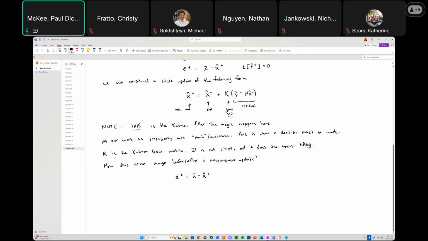Okay, which we've just said that X hat plus is X hat minus plus Kalman gain times the residual, right? So this is really X minus X hat minus, minus Kalman gain times (Y minus H X hat minus). Okay. But this term here, X minus X hat minus, this is E minus.